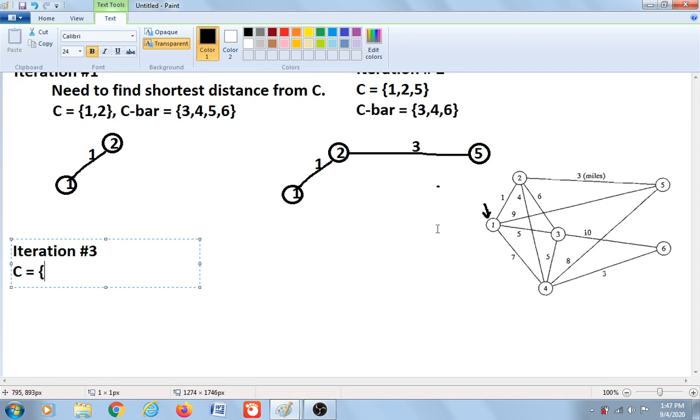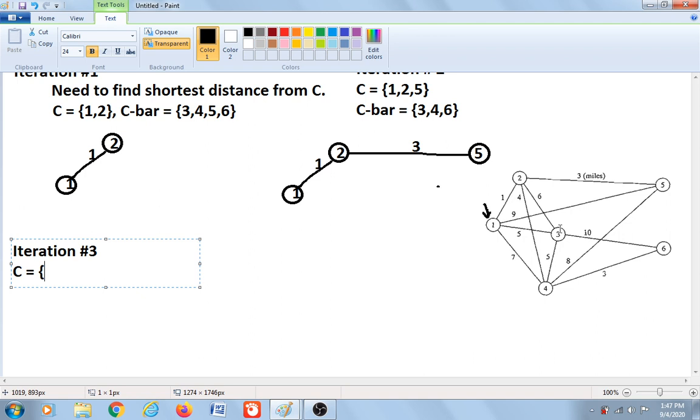Okay, so let's see, from 2 to 4 it is 4, and from 2 to 3 that is 6, and there is no connection between 2 and 6. From 1 to 3 that is 5, from 1 to 4 that is 7, and there is no direct connection from 1 to 6.